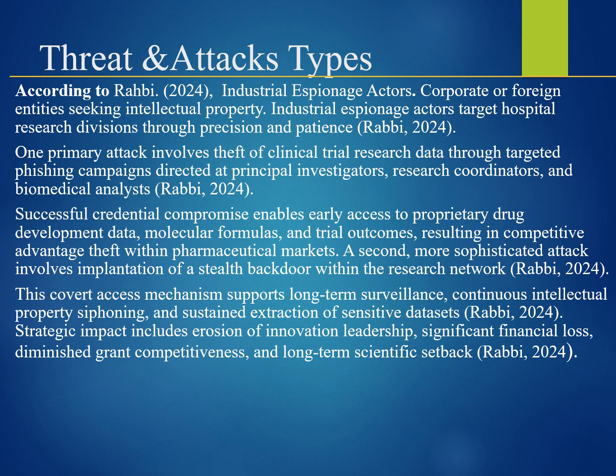Successful credential compromise enables early access to proprietary drug development data, molecular formulas, and trial outcome results, a competitive advantage within the pharmaceutical market. A second, more sophisticated attack involves implanting a stealth backdoor within a research network.